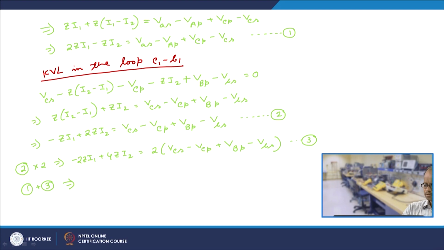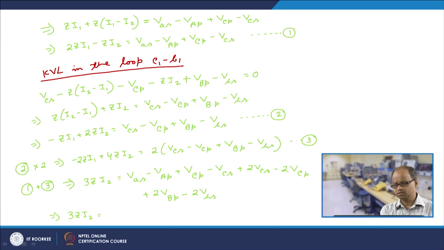This cancels out and this becomes 3ZI2, which is actually VAS minus VAP plus VCP minus VCS plus 2 VCS minus 2 VCP plus 2 VBP minus 2 VBS, or in other words 3ZI2 would be, now take all these things common.